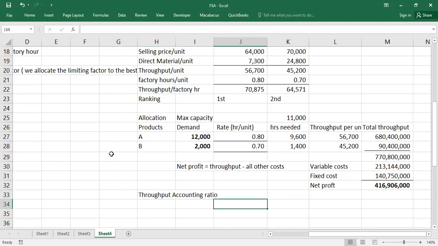It's given by total throughput divided by total factory costs.